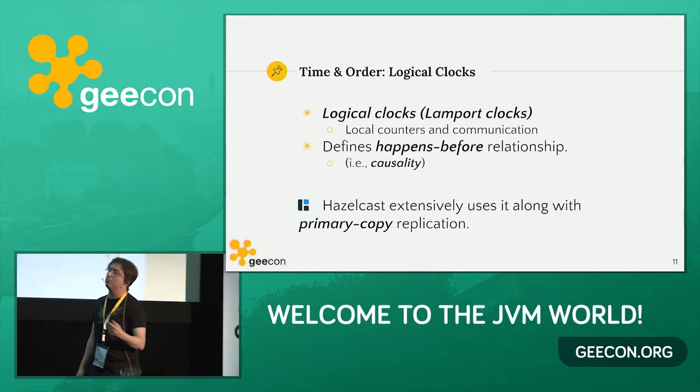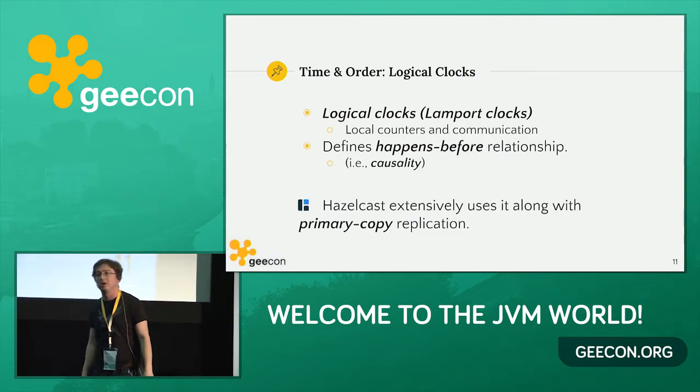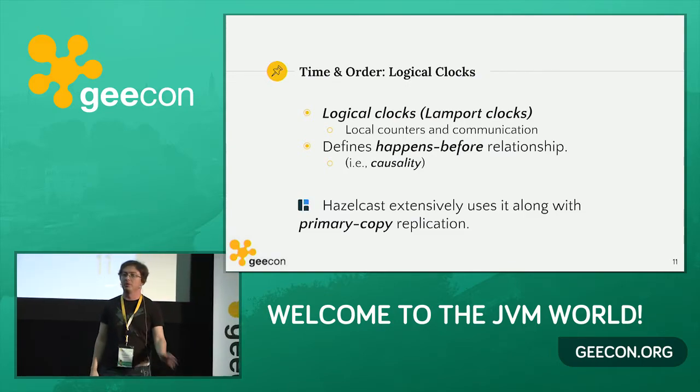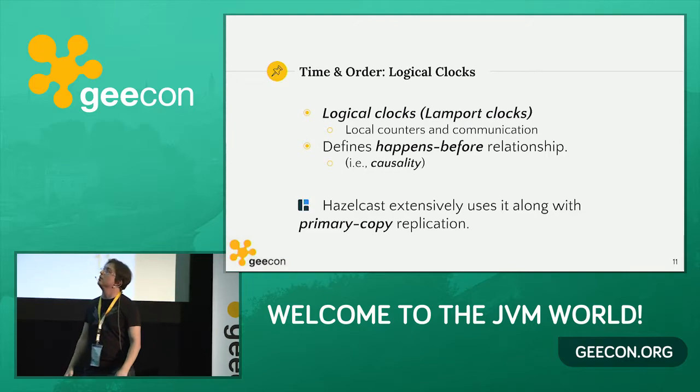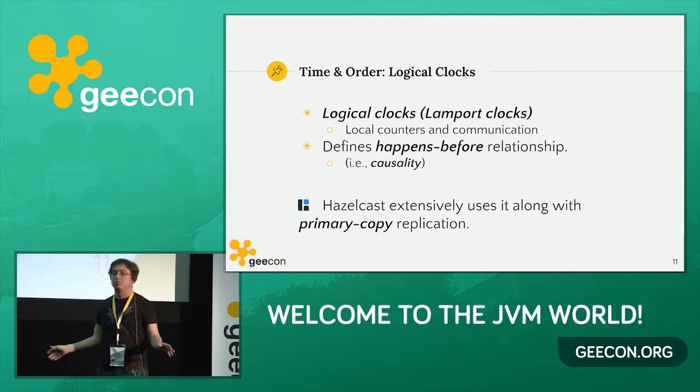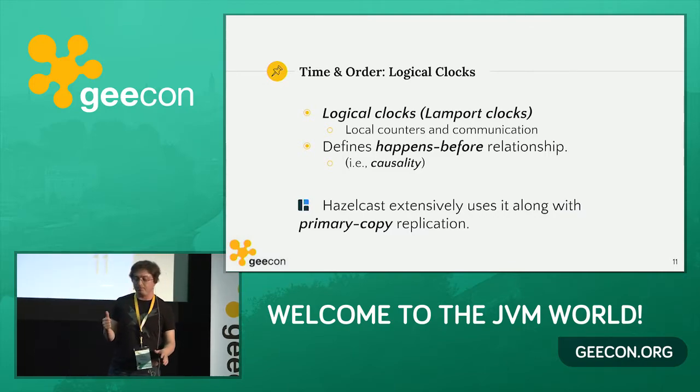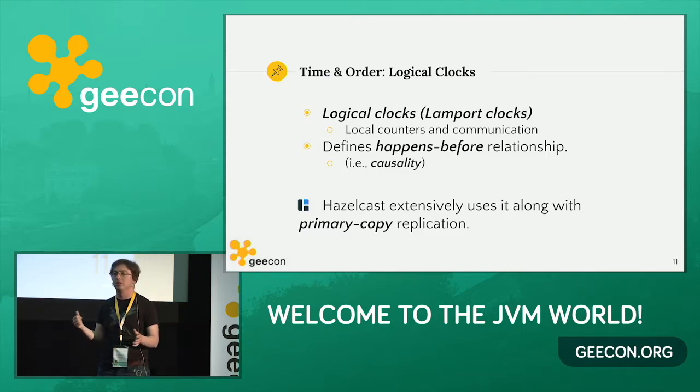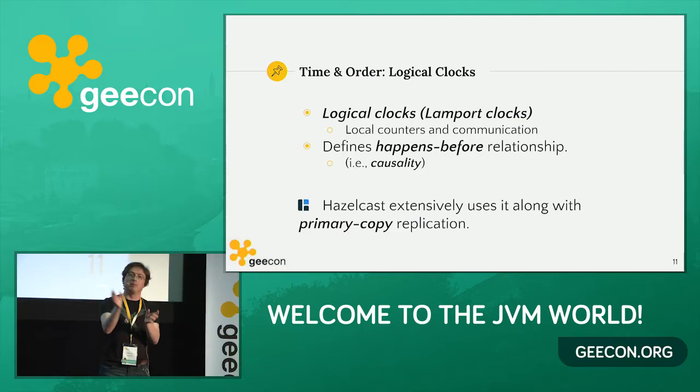It is also called Lamport clocks because it was devised by Leslie Lamport, who is one of the masterminds in the distributed systems field. So this is just an algorithmic approach, nothing related to hardware. This approach relies on local counter values in our processes and the communication among processes to create some partial ordering among the events in our system.